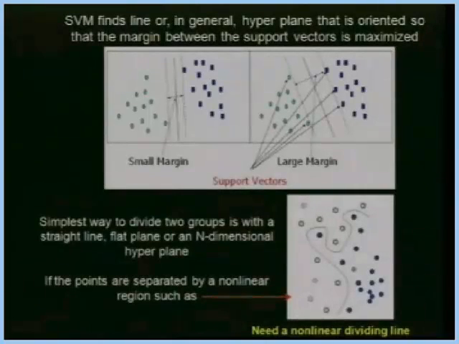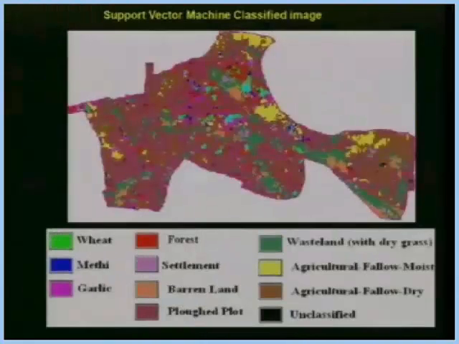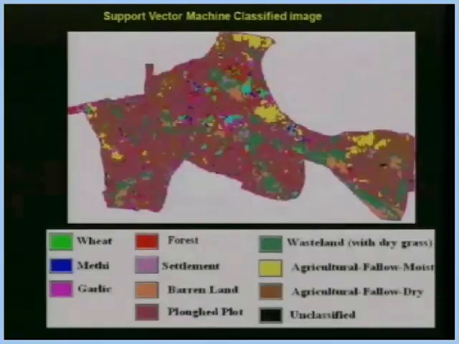If the points are separated by a non-linear region such as this, it can be converted into a linear decision boundary by projecting it into a higher dimensional plane. This is achieved by kernel functions, which transform the data into higher dimensional space to perform the separation. This is an SVM classified output.